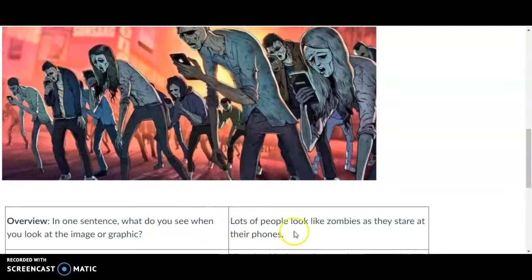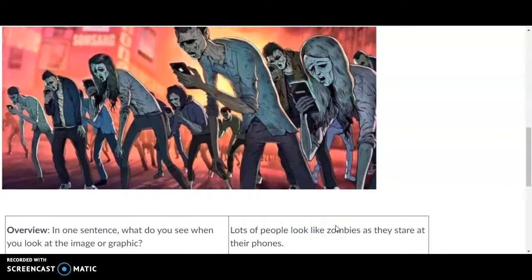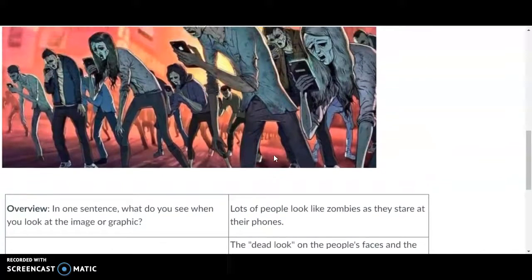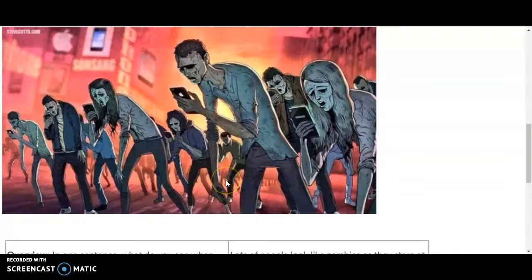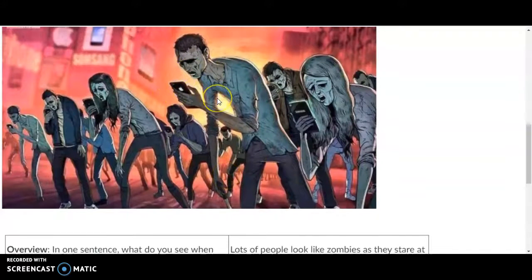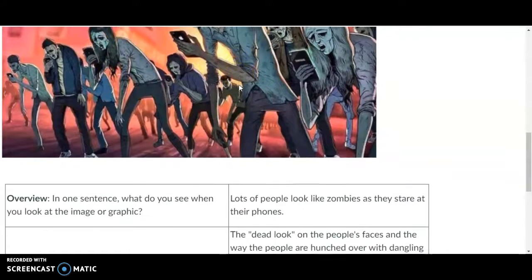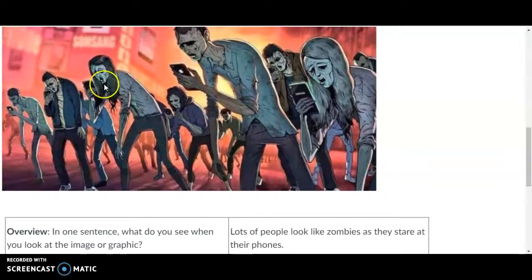So the overview here, it says lots of people look like zombies as they stare at their phones. Okay. The parts. Look at the dead looks on their faces and the way they're hunched over. They're not standing tall.